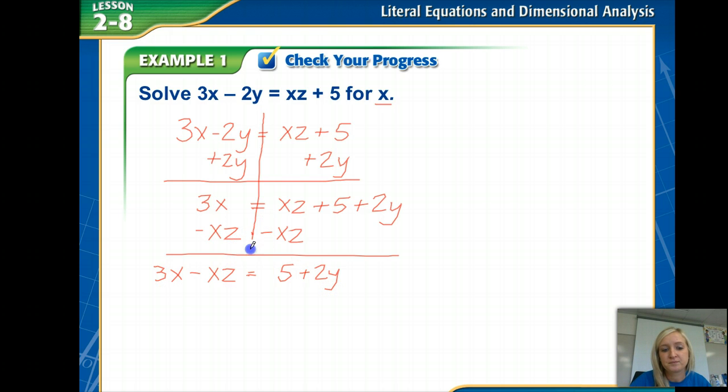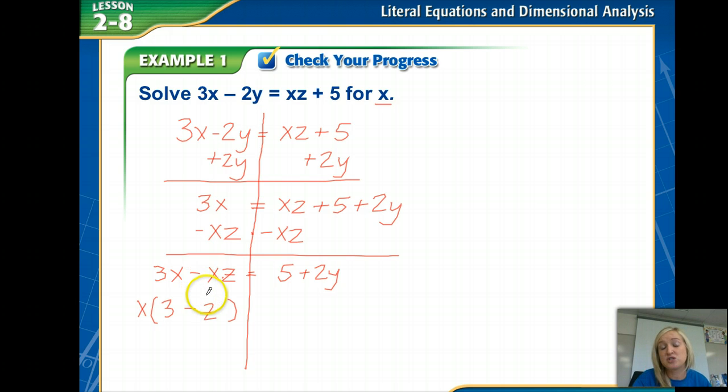Now, I need to get x by itself. What we're going to do is undo the distributive property. So I'm going to pull an x out and then see what I have left. What times x will give me 3x? The answer is 3. What times x will give me a negative xz? The answer is a negative z. Notice I'm just going to redo the distributive property and show you that x times 3 gives me 3x, and x times a negative z gives me a negative xz.